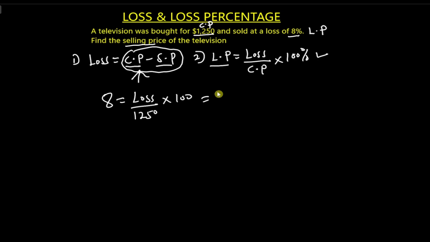And now you have 8 equal to CP minus SP over 1,250 times 100.